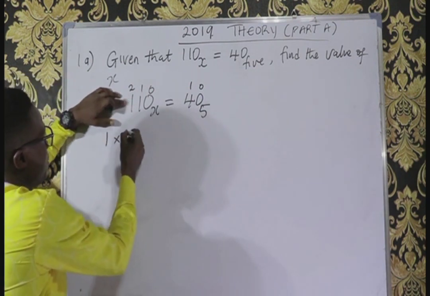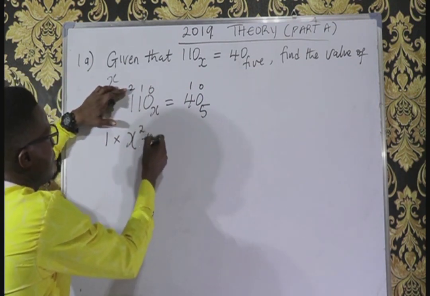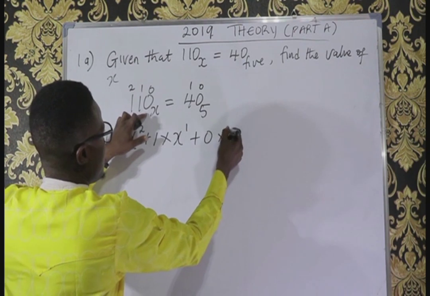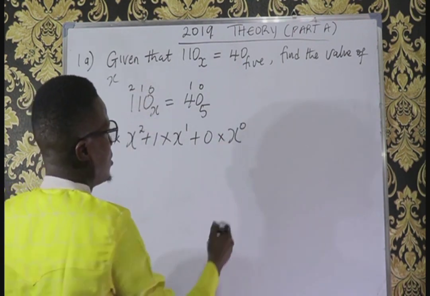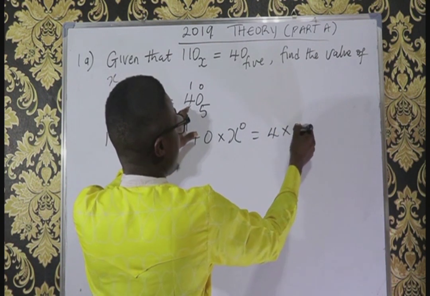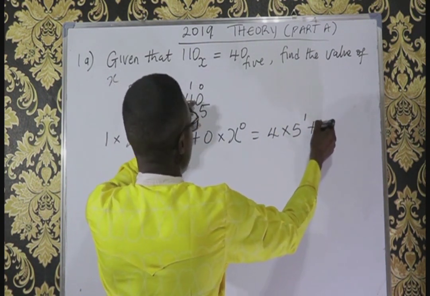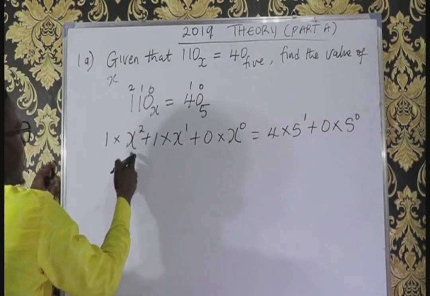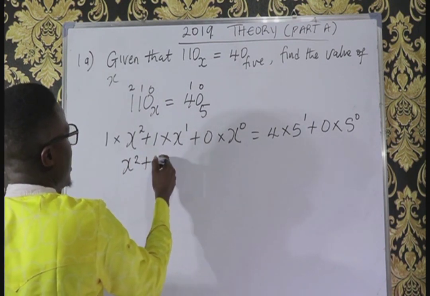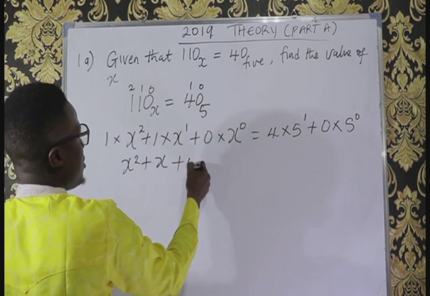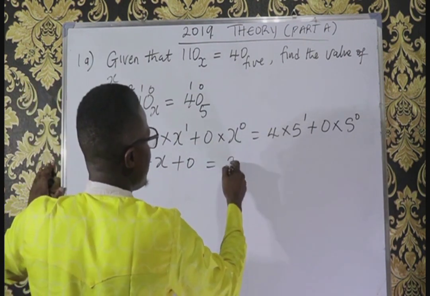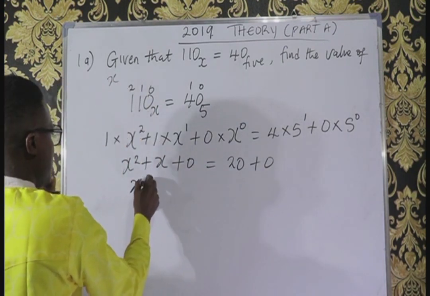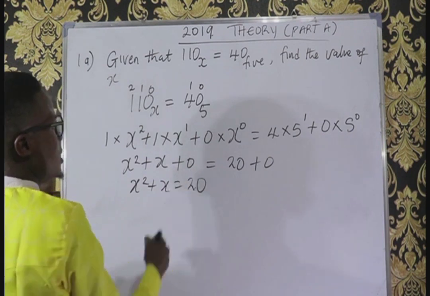So this is 1 multiplied by the base x to the power of 2 plus 1 multiplied by base x to the power of 1 plus 0 multiplied by base to the power of 0 equals 4 times 5 to the power of 1 plus 0 times 5 to the power of 0. 1 times x squared is x squared plus 1 times x is x. Anything times 0 is 0, equals 4 times 5 is 20, and anything times 0 is 0. So we have x squared plus x equals 20.